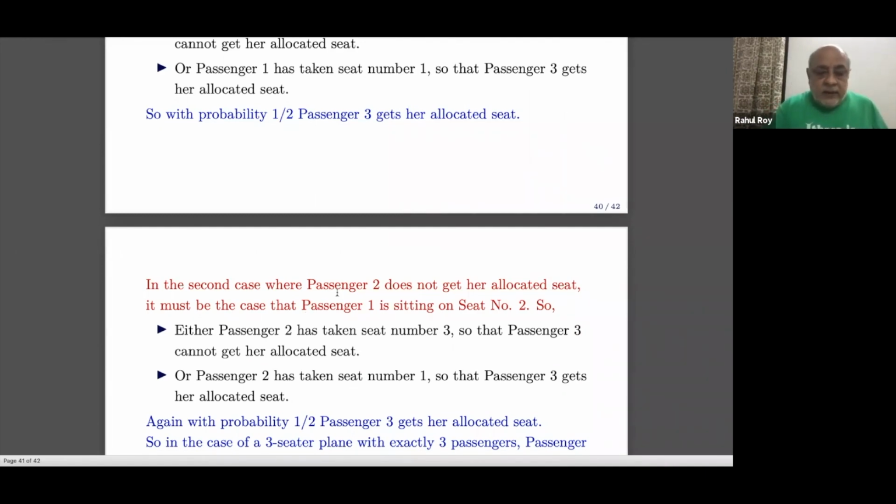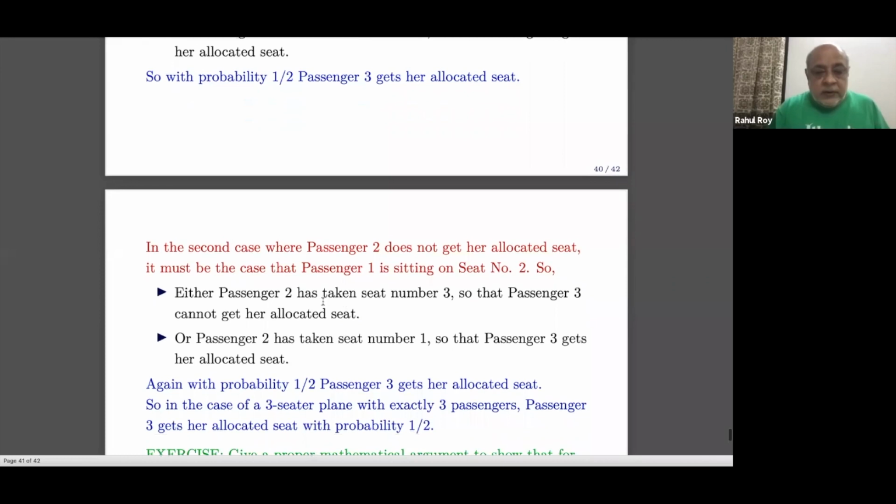So then, since passenger 2 does not get her allocated seat, she takes a seat at random. So she can take either seat number 3 or seat number 1. If she takes seat number 3, then passenger 3 cannot get her allocated seat because seat number 3 is taken and passenger 3 has to go to seat number 1.